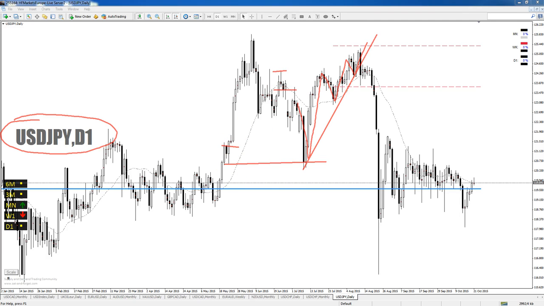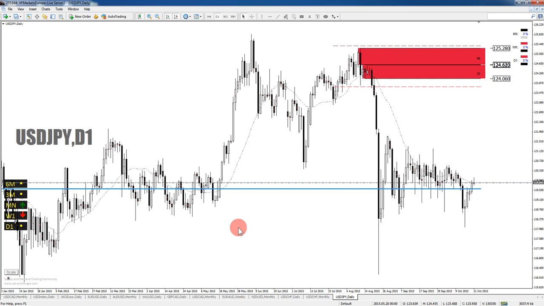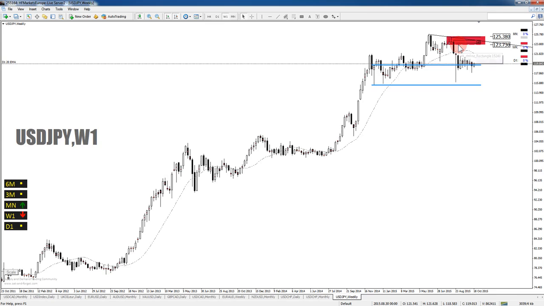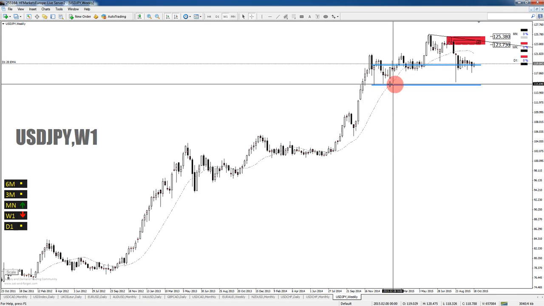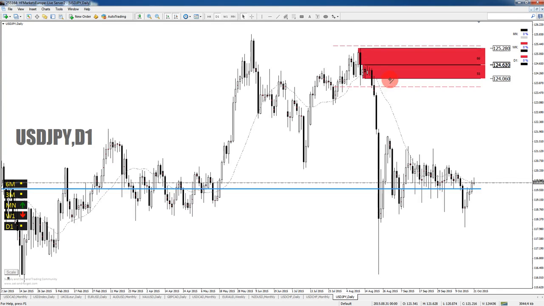When that happens, it means that we have created another area of supply, which is nested within the weekly area of supply that caused the break of that ascending trend line. Okay, makes sense?